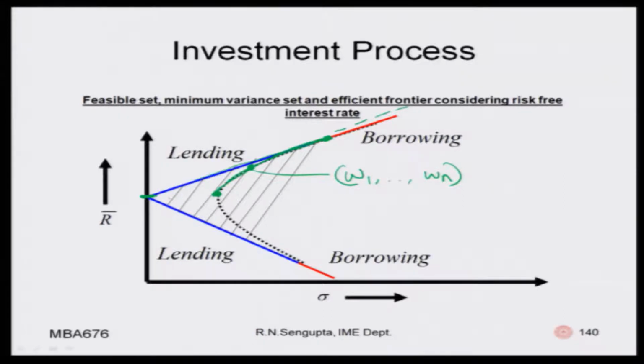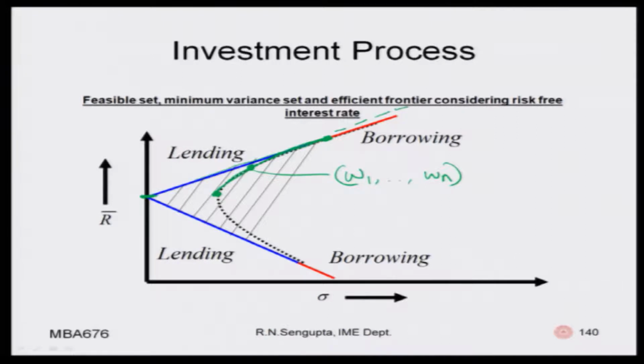So any region inside the hashed one, the black line hashed one, is the feasible region. And again, if you apply the property of non-satiation and the property of risk aversion, you will get the straight line, which is where I am drawing the curve. Till this point you have no short selling, and if you continue, the red one is where short selling is there.